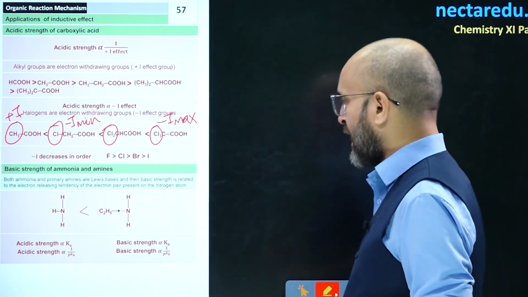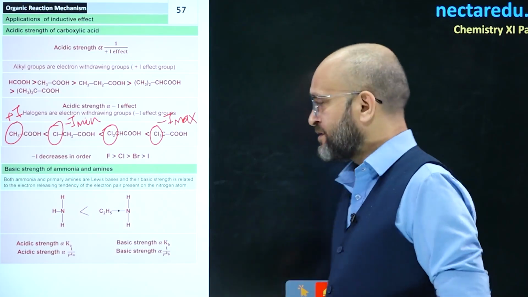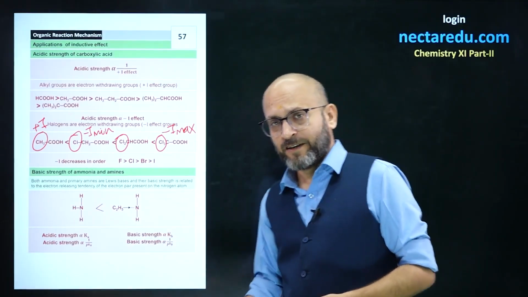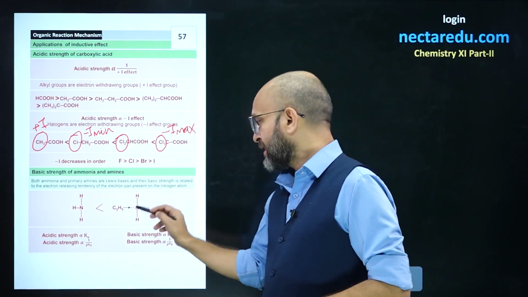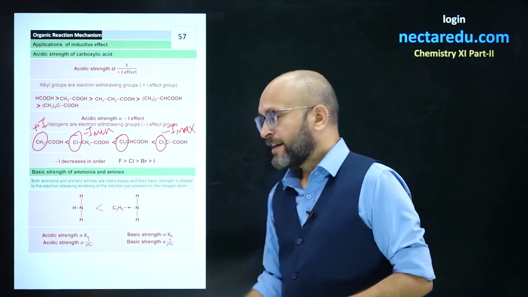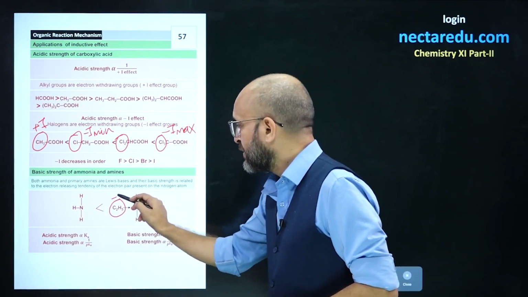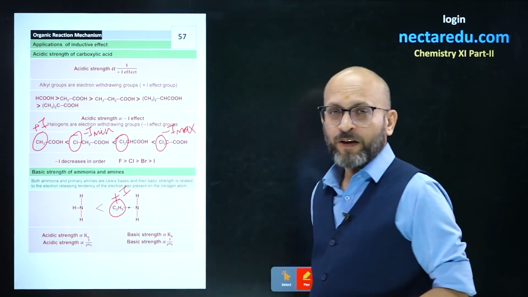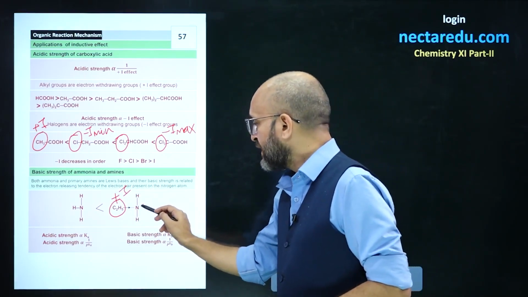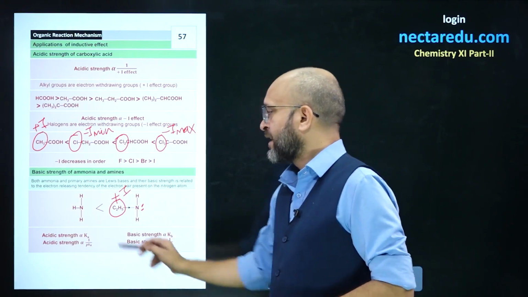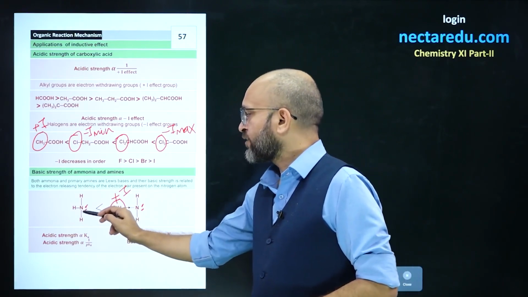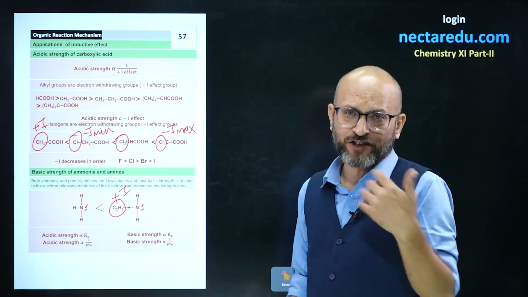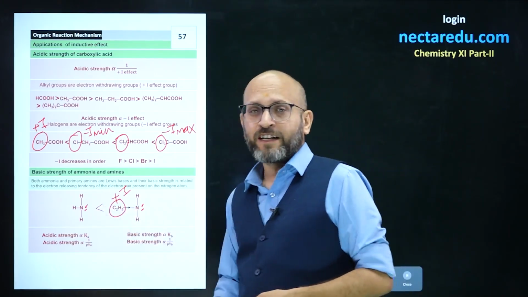Alright. Next we have amines. You can easily observe here that in ethylamine and ammonia, the ethyl group has plus I. So electron density on nitrogen is increased, whereas in ammonia electron density on nitrogen is not that much increased because there is no donating group.